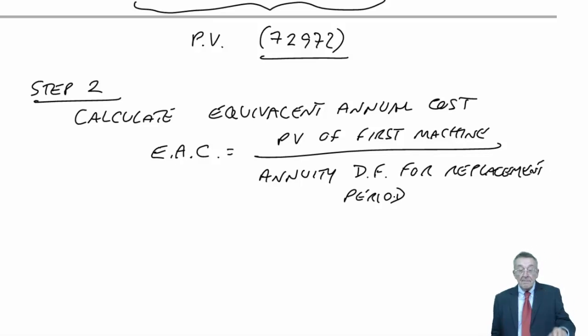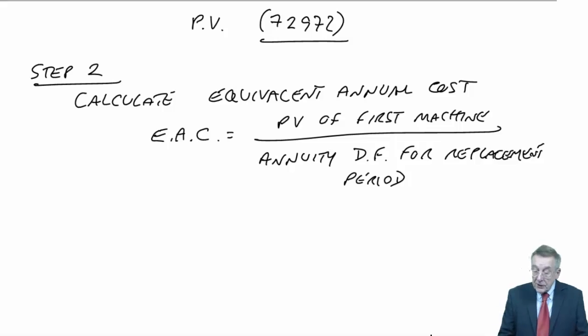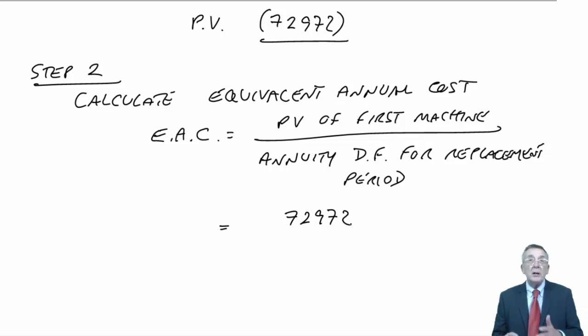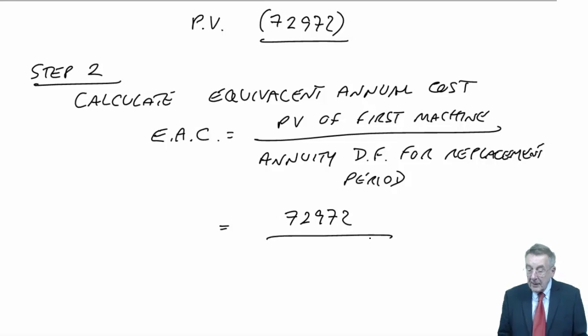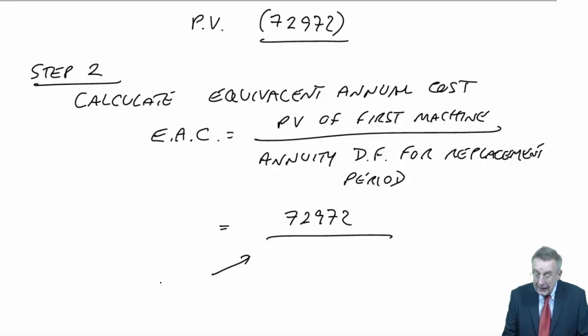And let me show you what I mean. The present value of the first machine we just calculated is 72,972. I'm not going to put brackets around it because we know it's a cost.